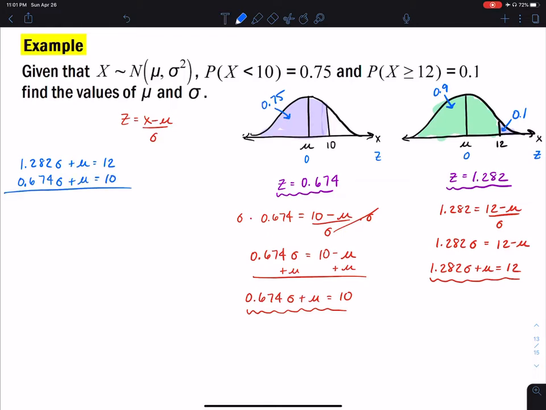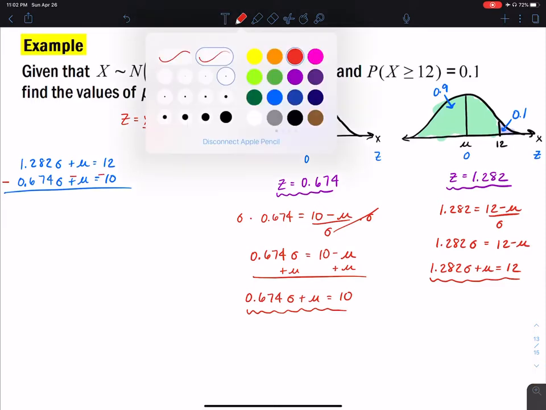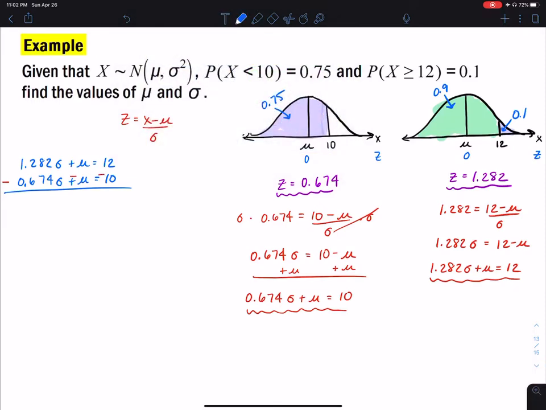And as you can tell, if I were to add these, nothing really cancels out. So what you have to do is you have to subtract these 2 equations. So I'm going to subtract all of these. And if you want, you can put like a little minus sign in between everything if you want to.